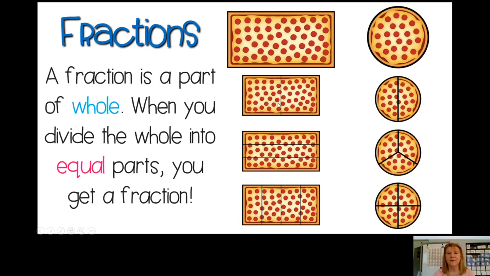Each piece has been divided into two equal parts. We have 3/3. Each pizza has been broken into 3 equal parts, and 4/4. Each pizza has been broken into 4 equal parts.